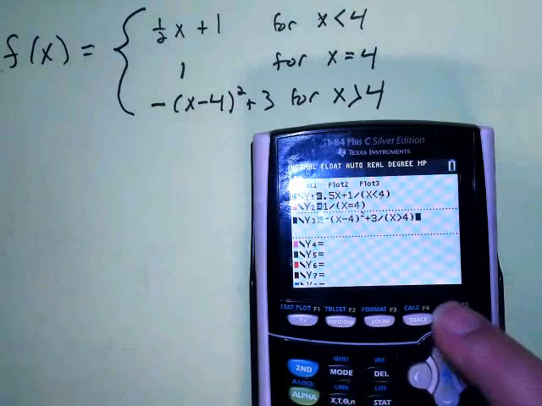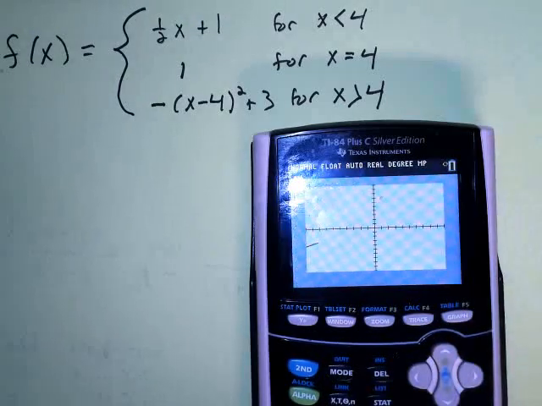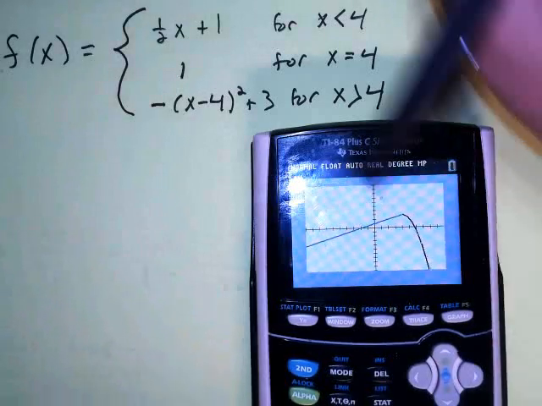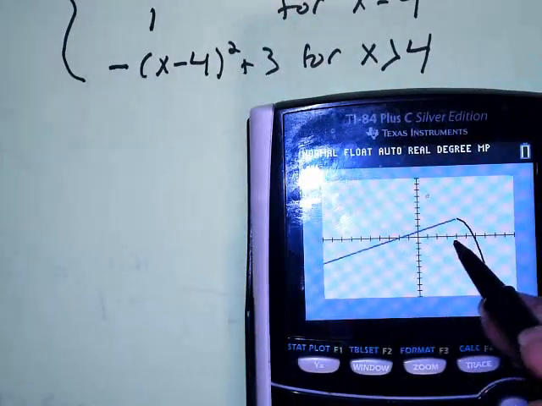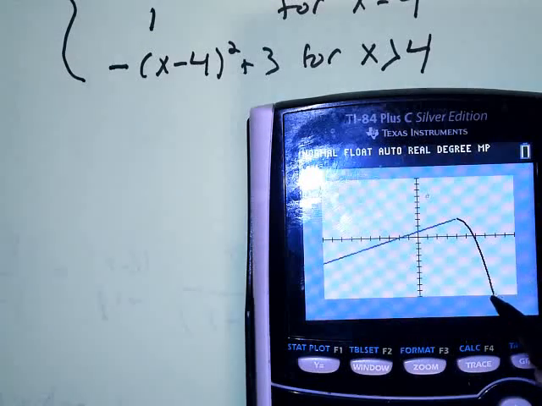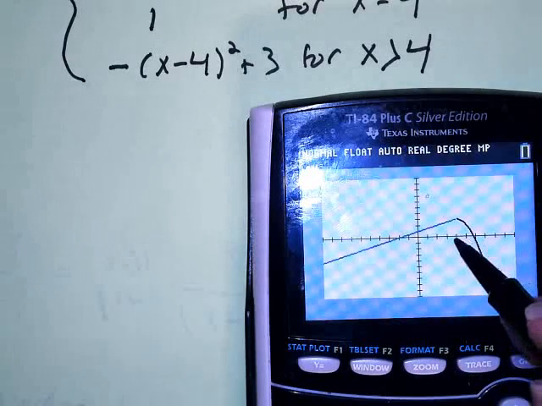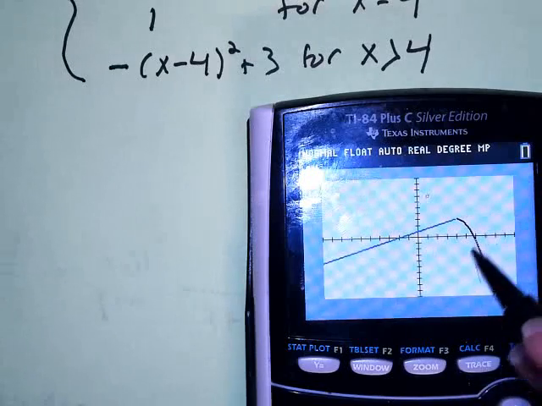And I think this should graph, I'm going to do it in a standard window, I think it should graph this function. Oh, yeah. Okay, so there you see, so up to 4 it did the line, and then here it does the part of the parabola, like that.